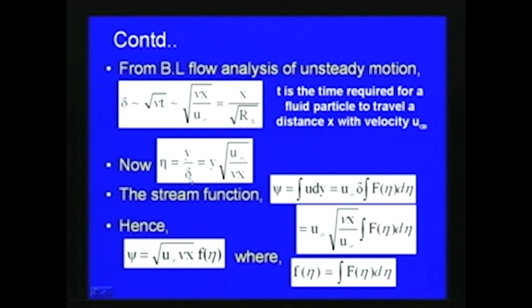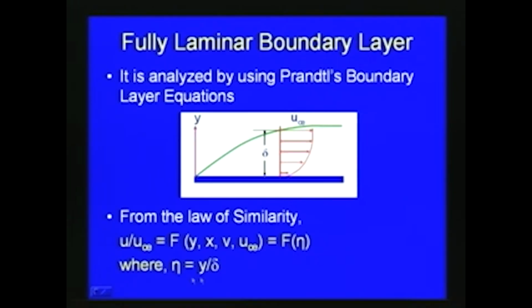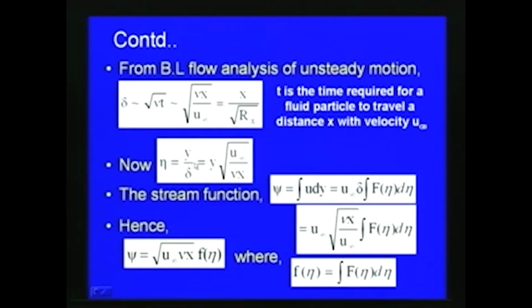In the previous slide we have seen eta is equal to y by delta. So this is equal to y into square root of u infinity by nu x, as Prandtl's analysis showed. Here if we introduce the stream function, defined as psi is equal to integral of u dy, that is equal to u infinity delta integral f prime eta d eta.